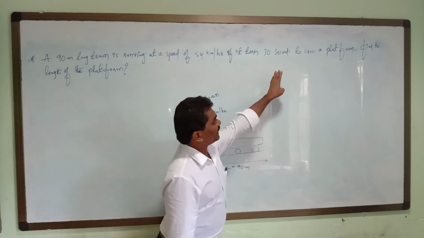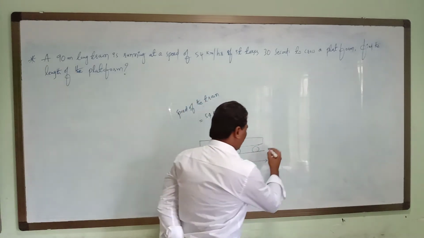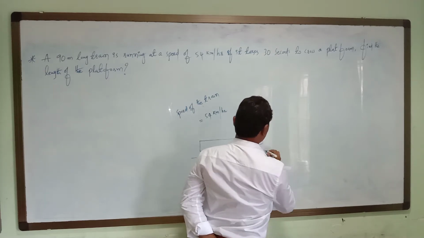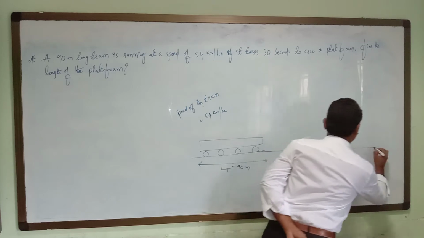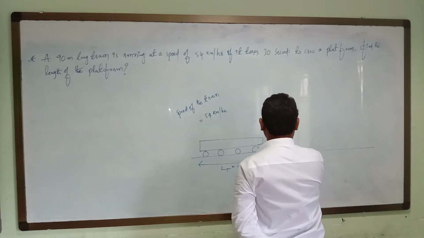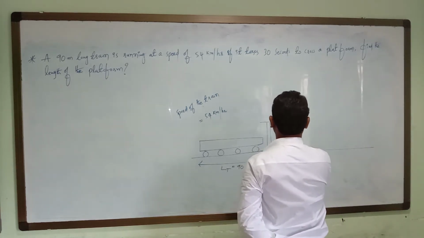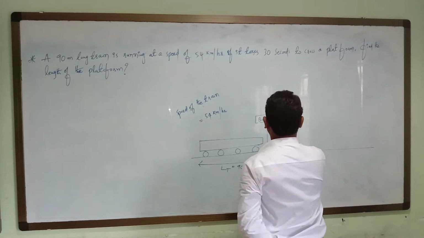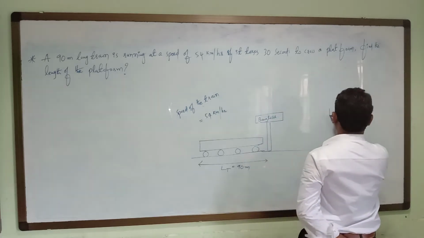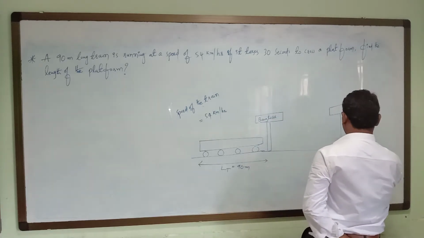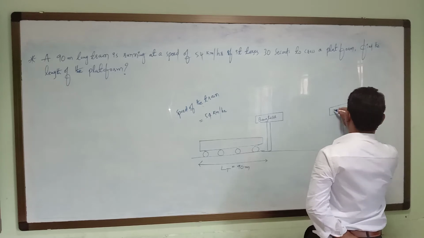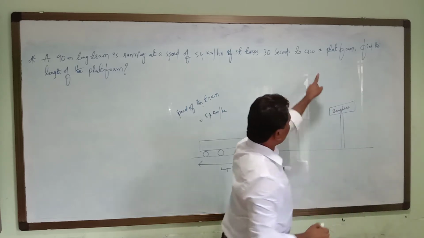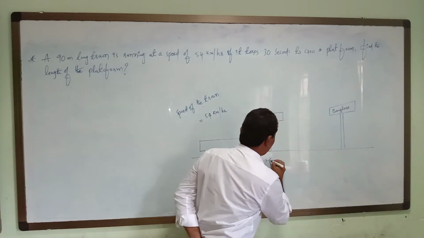If it takes 30 seconds to cross a platform, let us assume here, for example, Bangalore railway station is here. So here is the railway station platform. To cross a platform, this is the platform.